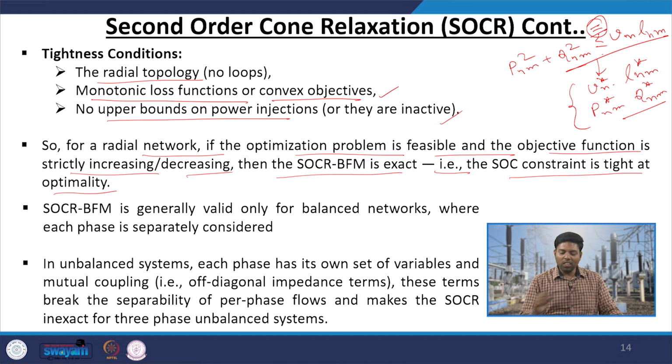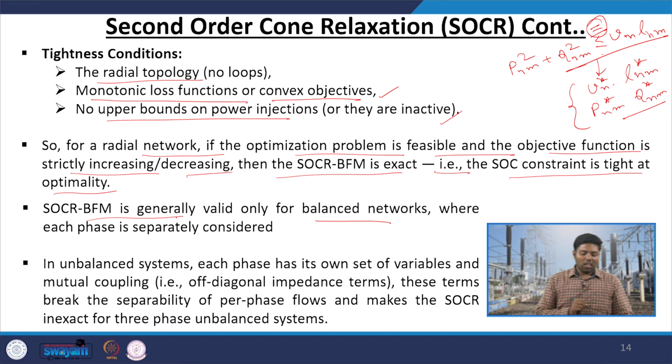If it gives the equal-to result after solving the less-than-or-equal-to expression, then you can say that your relaxation is tight or exact. That means we solved a convex relaxed function, but still we are getting the original solution. If it is so, then you are good.